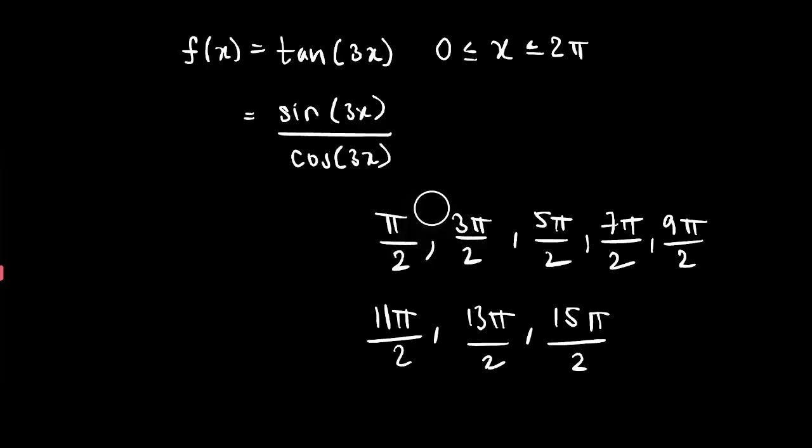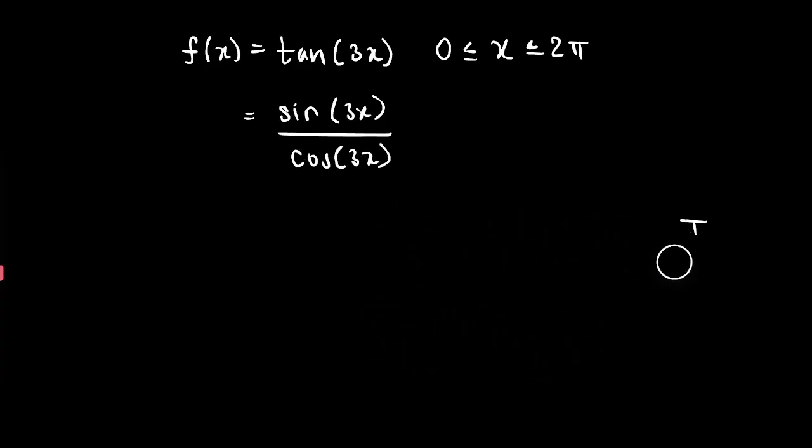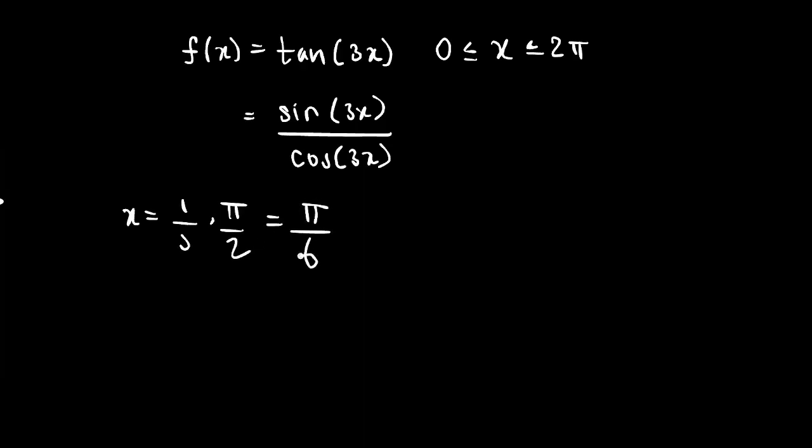So it isn't something that's necessarily difficult, just somewhat tedious. After going through this list, we can identify our discontinuities. In order to stay within that range, we'll be looking at x is 1/3 times pi over 2, or pi over 6, and so on.